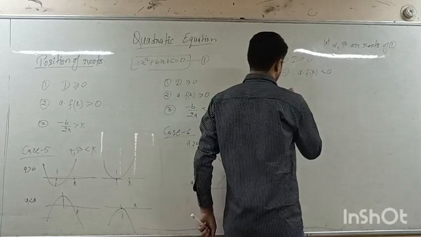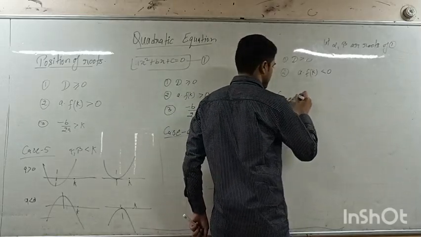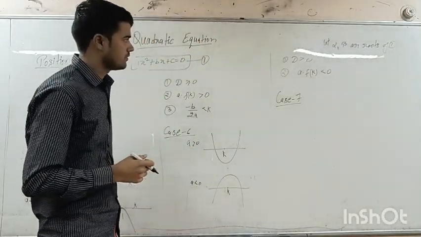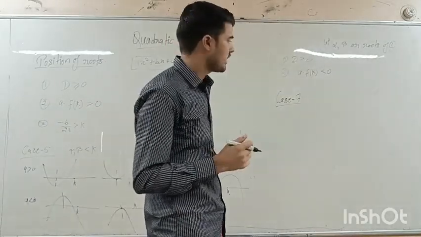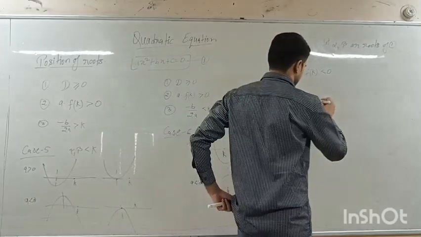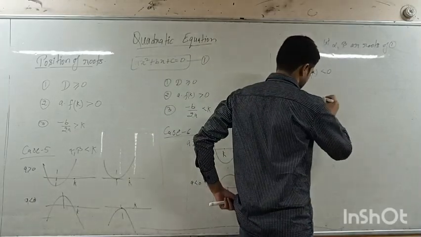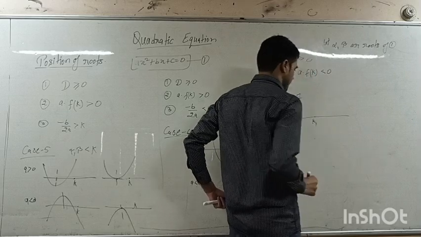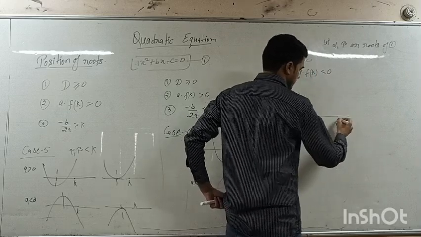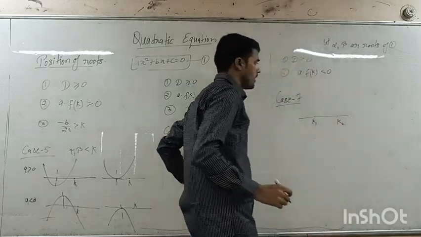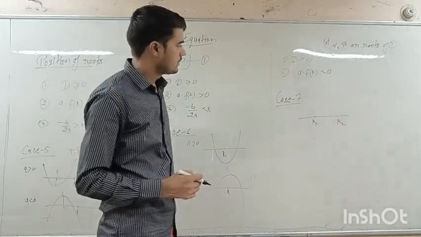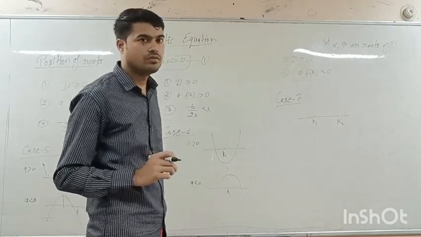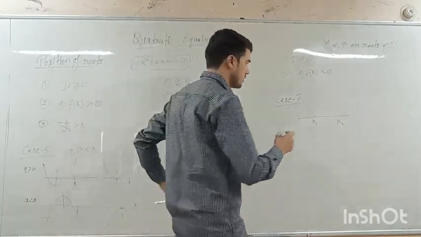So now there comes case 7. What can be case 7? If two numbers k1 and k2 are given, like this, this is k1 and this is k2, and we are given that alpha and beta are in between k1 and k2, what will be the condition?